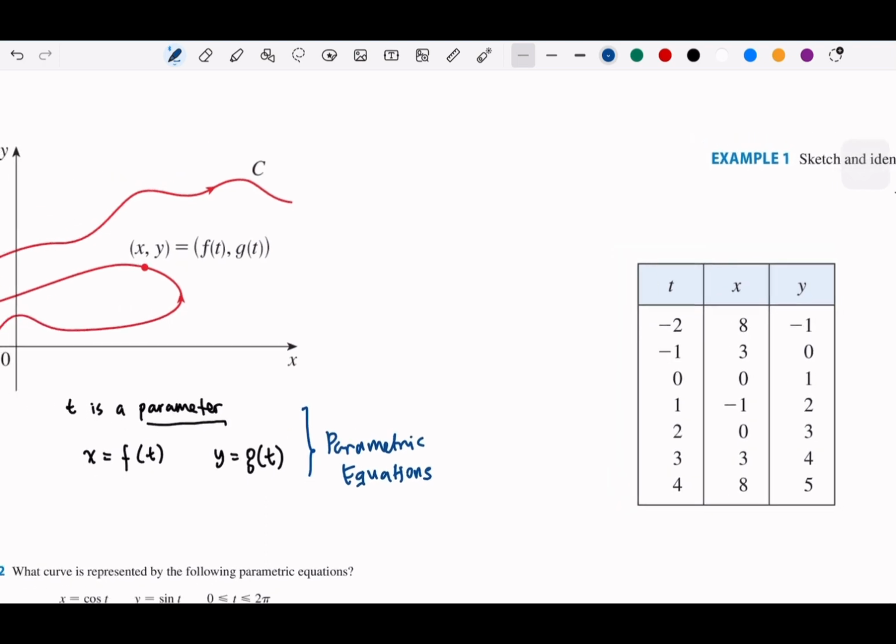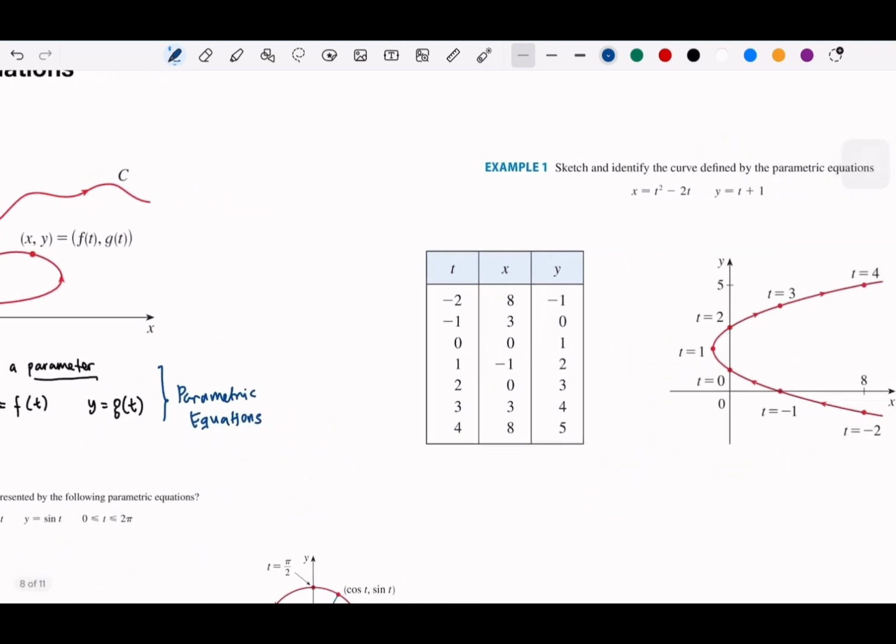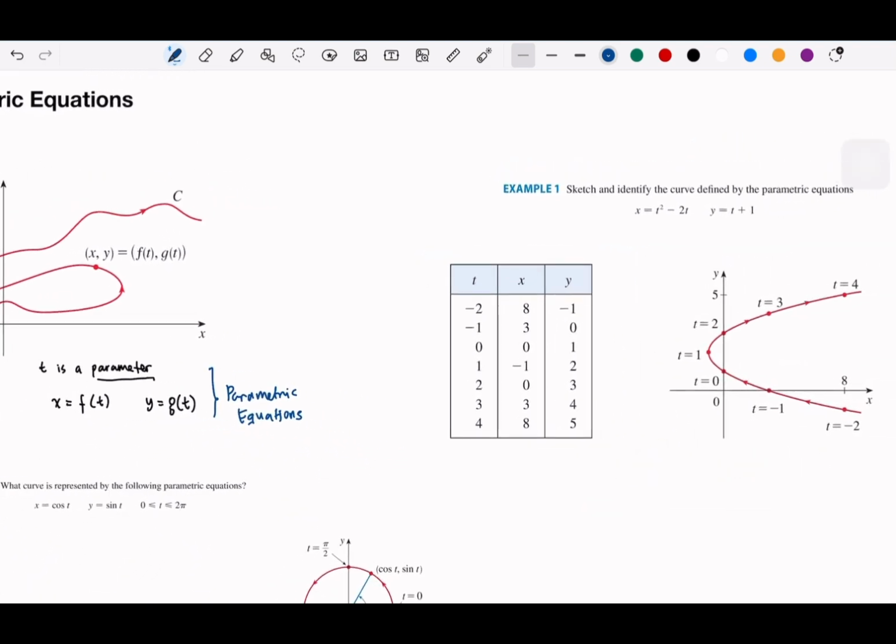So if we would like to draw something like this, we have two positions, let's say x and y, and each is a function of t that is defined. If we pick some numbers for t, let's say from -2 to 4, we could make something like this.